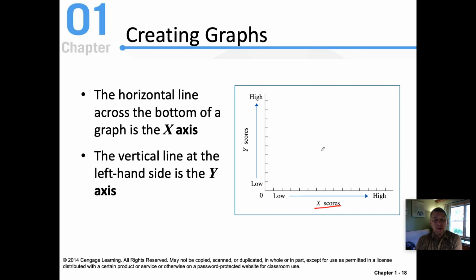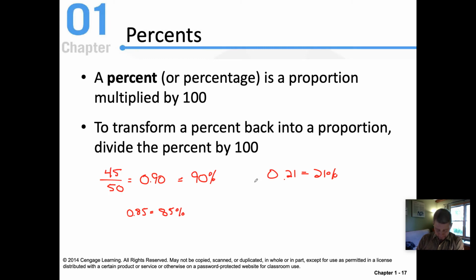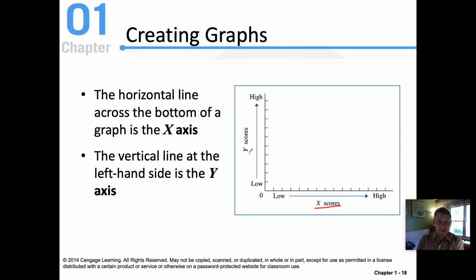Generally speaking, the left-hand side of the X-axis is the lowest score, and the far right is the highest score. And so reading from left to right, you go from lowest to highest. On the other hand, the vertical lines are the Y scores. And again, we start with the lowest score on the bottom and the highest score on the top.